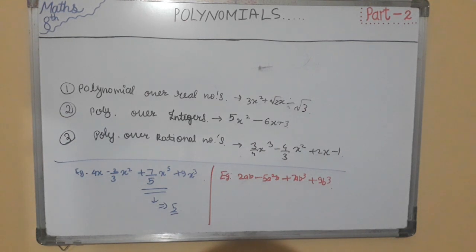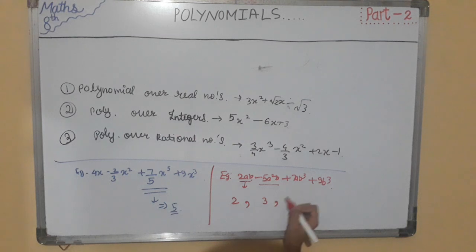Here, the sums of the powers of the variables in the terms of the above polynomial are 2, 3, 4 and 3 respectively. This is the first term, and the sum of the variables' powers is 2. This is the second term, and the sum is 3.